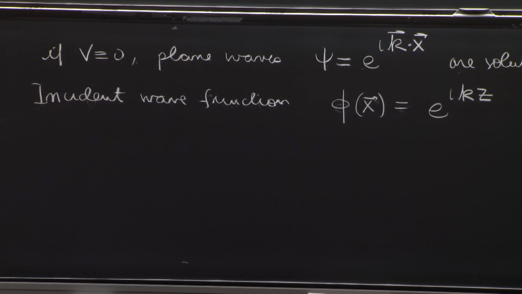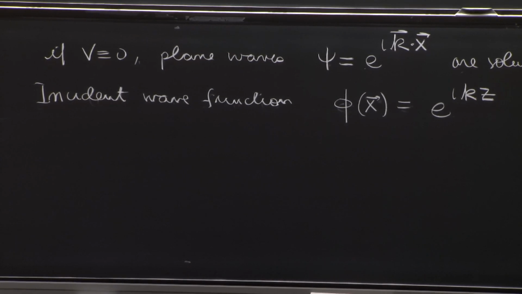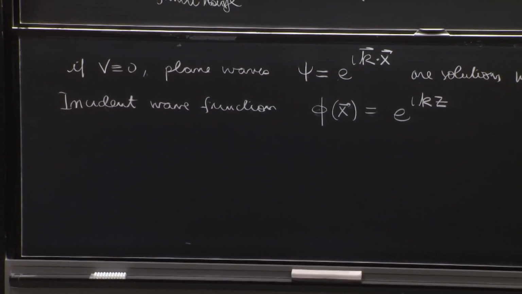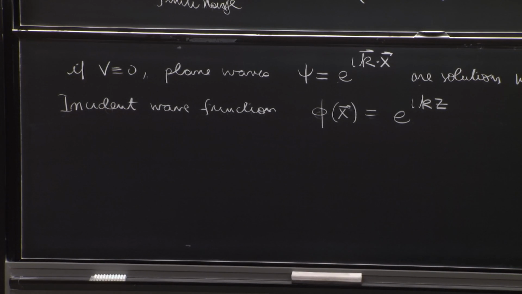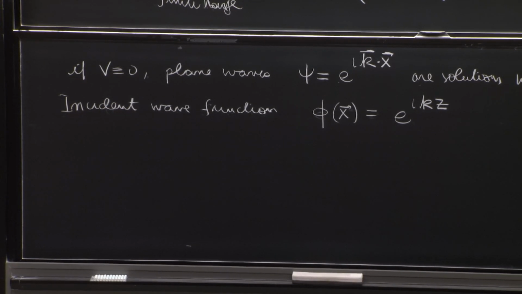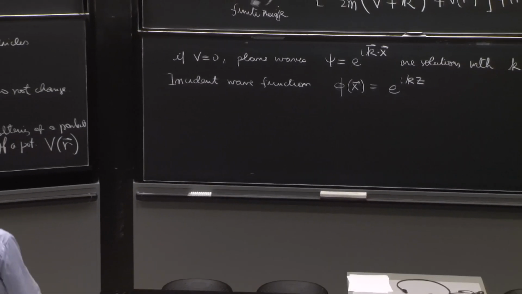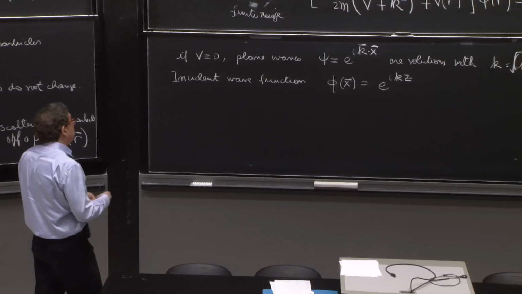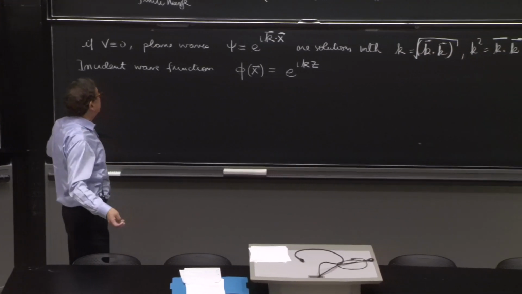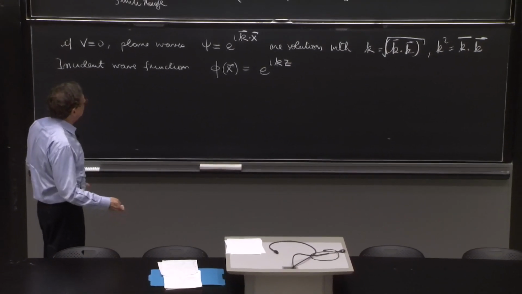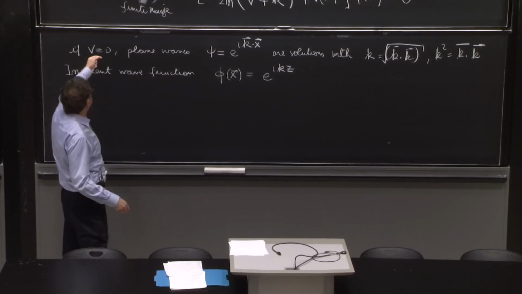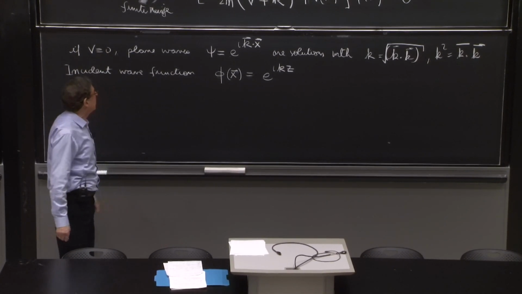So it's a wave function. I call it phi to distinguish it from psi. Psi, in general, is a full solution of the Schrödinger equation. That's our understanding of psi. So phi reminds you that it's some wave function. I'm not sure it's a solution. In fact, it probably is not a solution as soon as you have the potential different from 0.